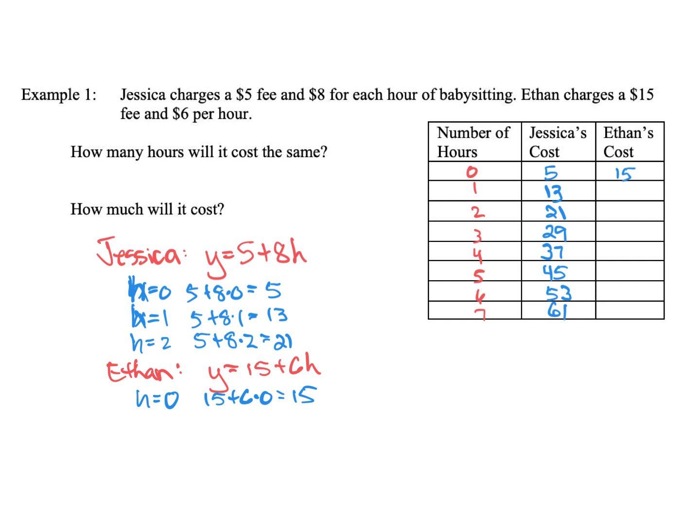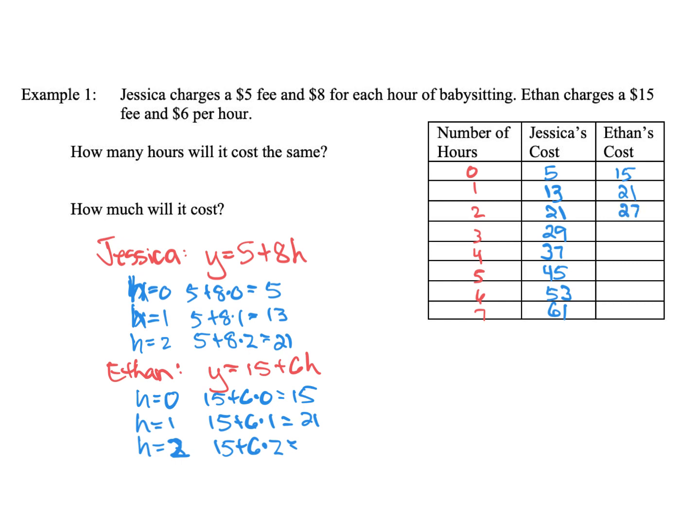Then we're going to put in hour as 1. So 15 plus 6 times 1 is 21. Nope, not yet. How about we do 2 first? 15 plus 6 times 2 is 27.